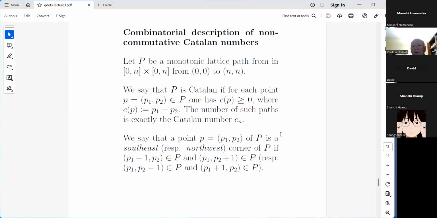You go horizontally, then up, then horizontally, then up, and so on until you arrive.